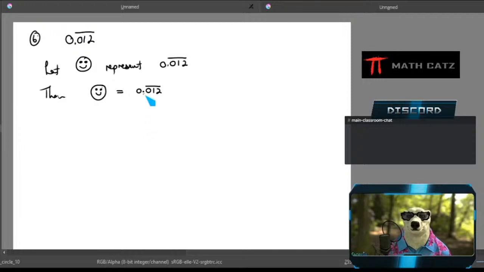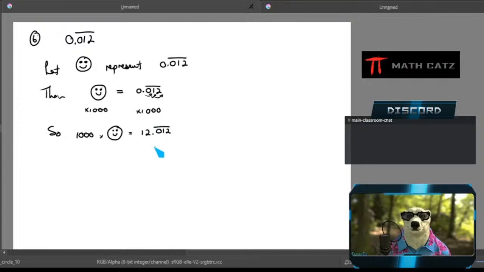Now I want to move the decimal place 3 times to get the repeating section out in front of it. So I'm going to multiply by 1,000. So I will have 1,000 smiley faces. And that's going to equal, I'm not going to start with a 0, right?